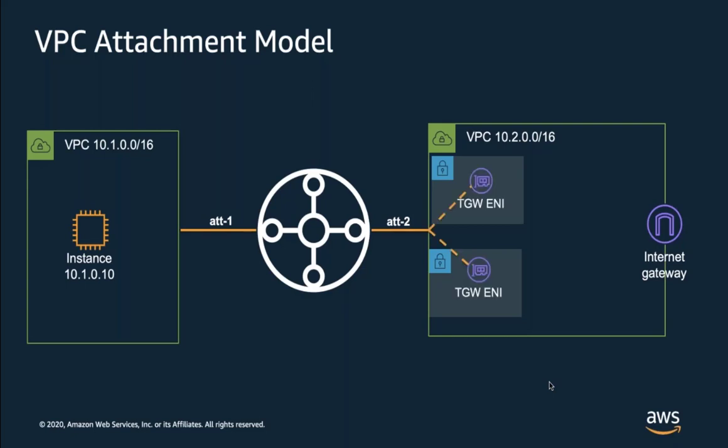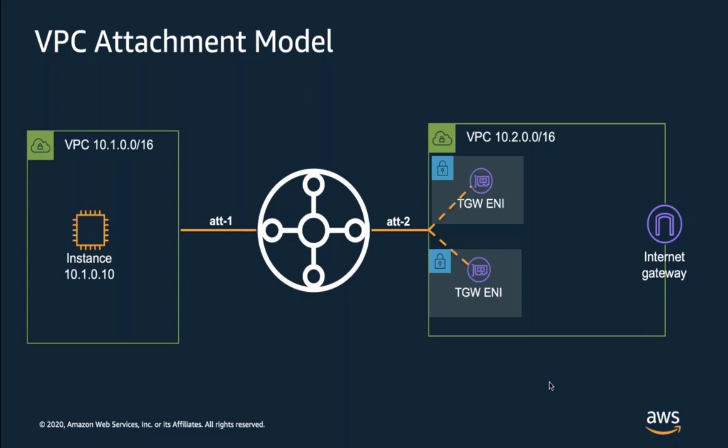So when we zoom in on how the transit gateway is actually attached to that VPC, you'll see that the transit gateway would have an elastic network interface, or an IP address, in those 2 different subnets. And those different subnets are in different availability zones, which means we have high availability in this scenario. If there's an issue with one availability zone, we still have traffic flowing from the transit gateway through the other elastic network interface.